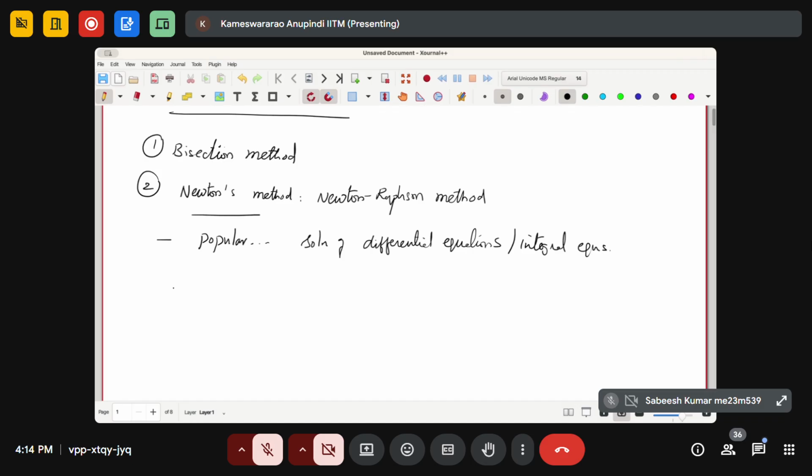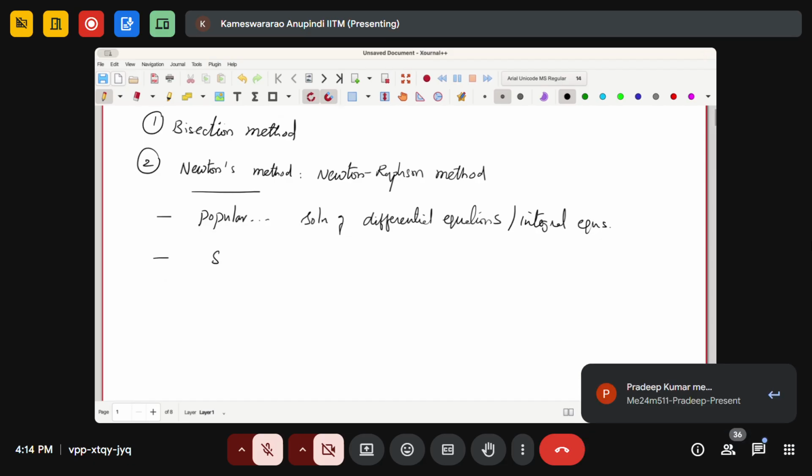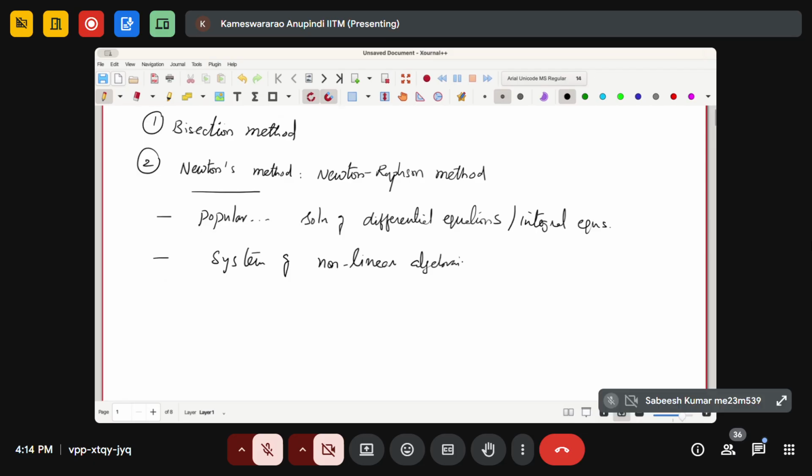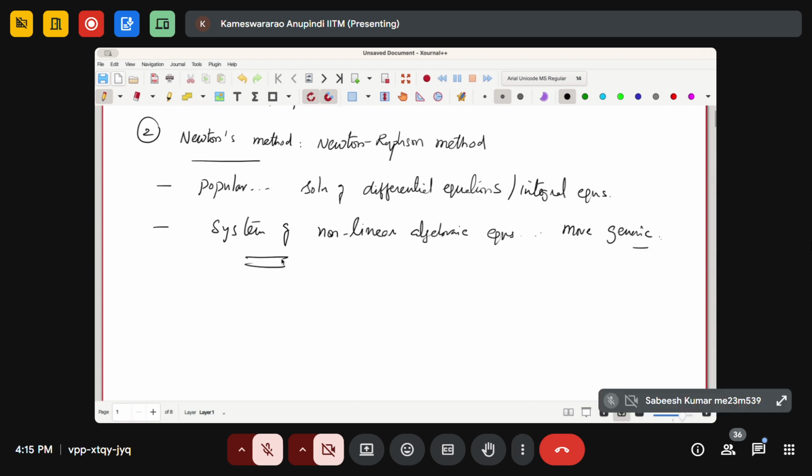Also, Newton's method can be extended to the solution of a system of nonlinear algebraic equations, which is basically a more generic version of what we are going to see. We will see that later when we come to systems of nonlinear algebraic equations.